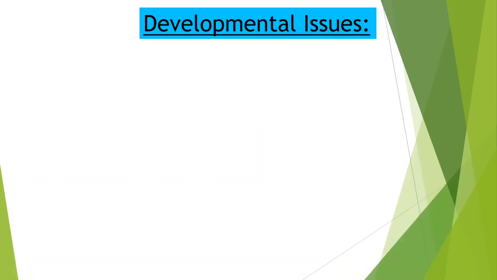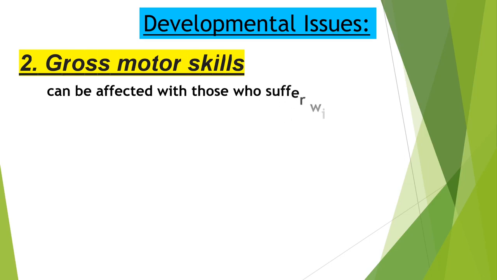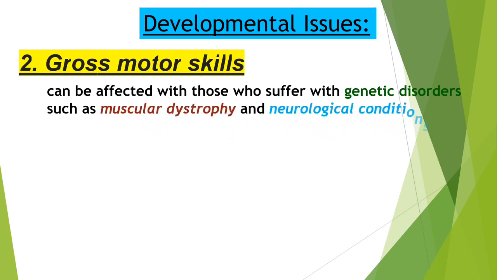Now let's learn about developmental issues of gross motor skills. Gross motor skills can be affected in those who suffer from genetic disorders such as muscular dystrophy and neurological conditions. By the way, what do we mean by genetic disorders?